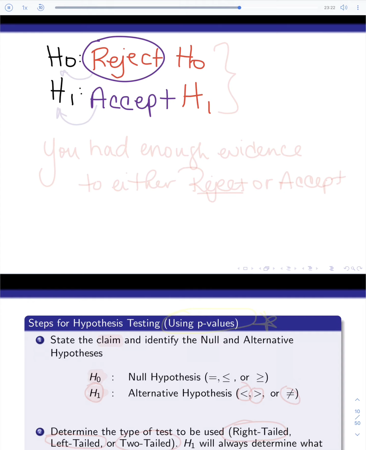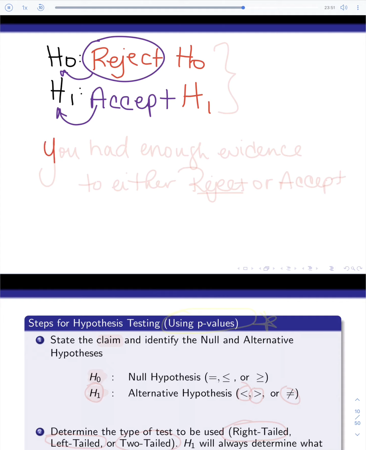Notice, this means that the only time we can actually use the word accept is if it is attached to the H1. We will always use the word reject or fail to reject with H naught, and fail to accept or accept on H1. Now, what does this mean? This means your test was not inconclusive. It means you actually did something.